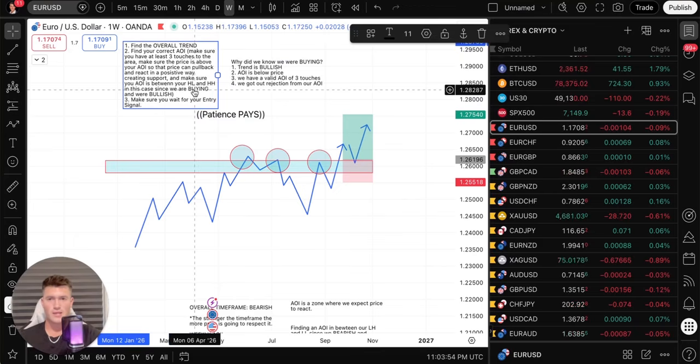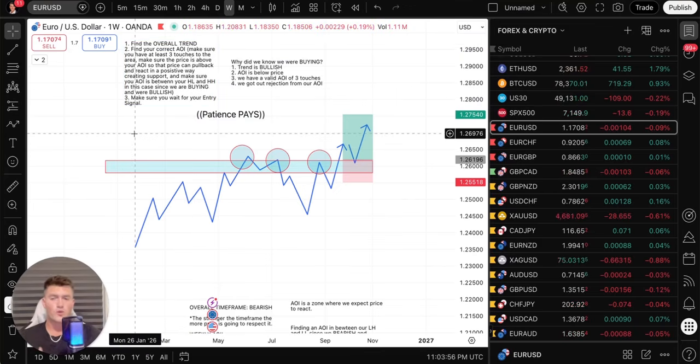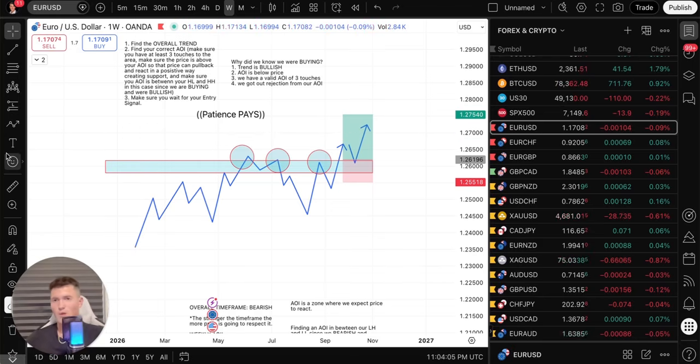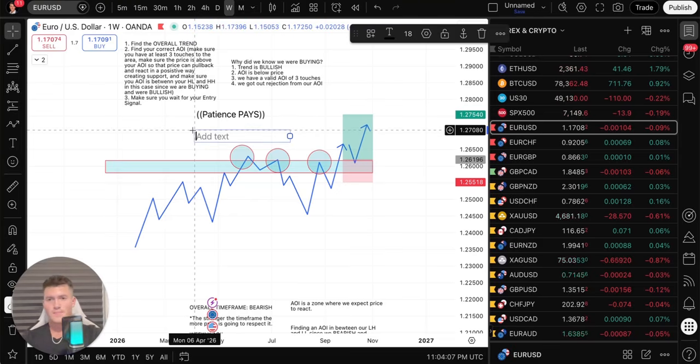Patience pays in this game. The more you trade doesn't mean the more you make. It's all about quality over quantity. We'll put that as well. Quality over quantity.